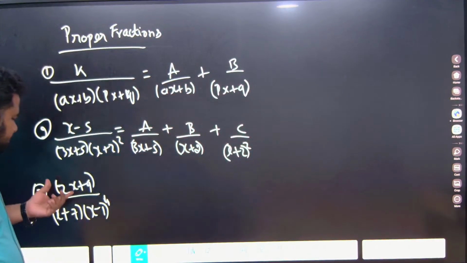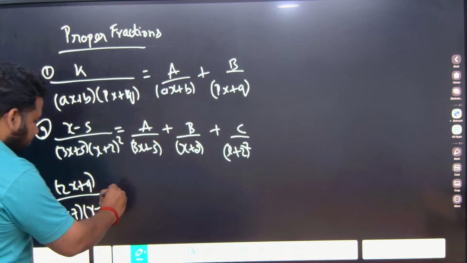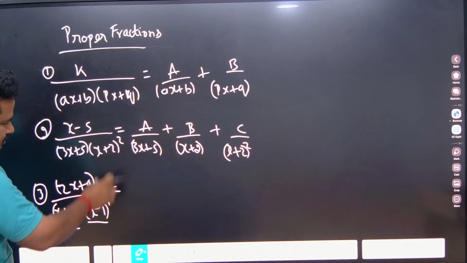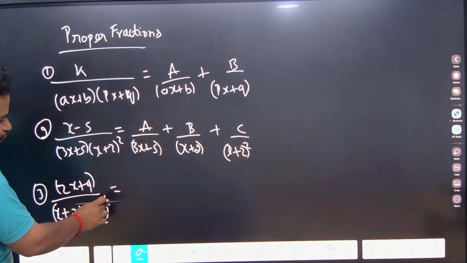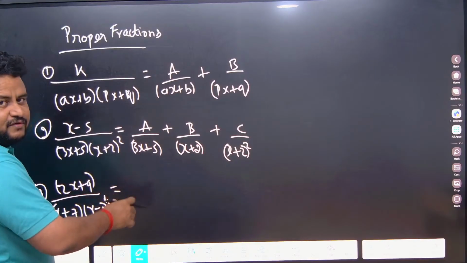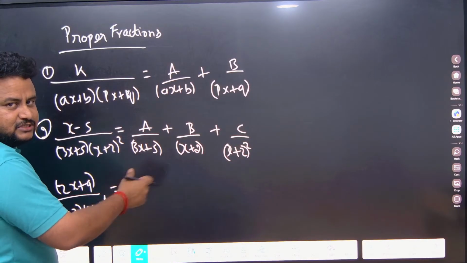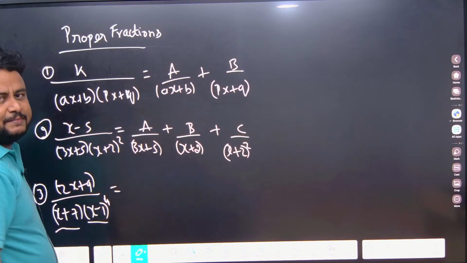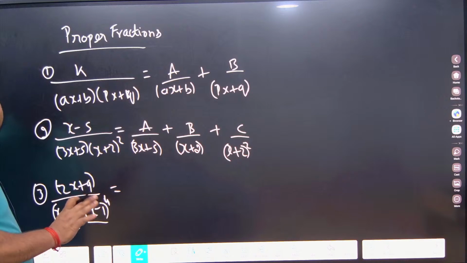Next you see here, 2x plus 9. Here this is linear and this is repetition form. The power of 4 is coming, that is, it is repeating 4 times. That time I should write it in the form of linear, double repetition, 3 times repetition, 4 times repetition, because how many times it is repeating, those many times you should write it. But the constants will be just A, B, C like that.